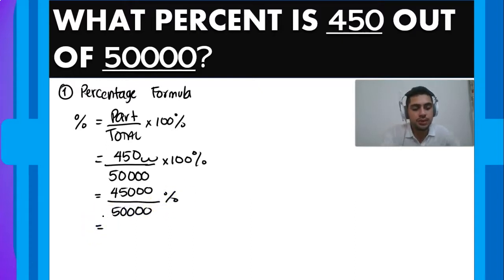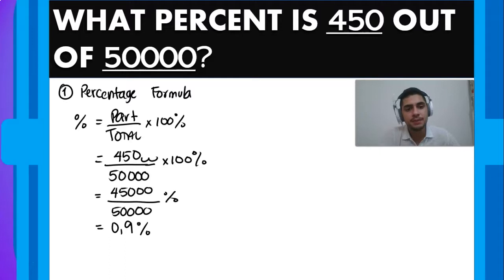So 450 multiplied by 100 is 45,000, and then you're going to divide that by 50,000, and that is going to be 0.9. So that means that 450 out of 50,000 is not even 1%, it is 0.9%, which is a very small percentage. So guys, you can use the percentage formula, and that is very straightforward.